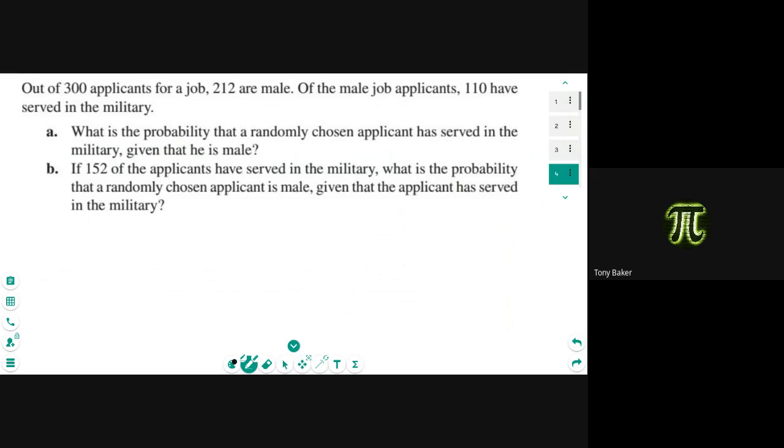We need to know how many served in the military, right? 110. Out of how many? Right. We're only looking at the male, so it's out of 212.